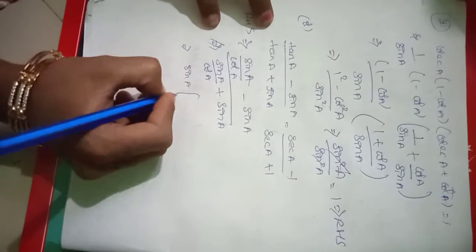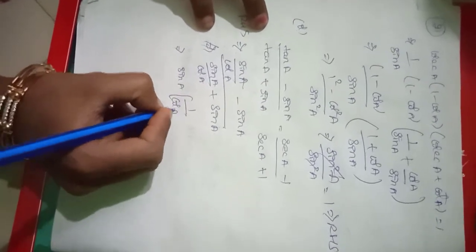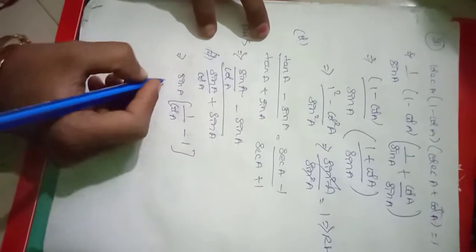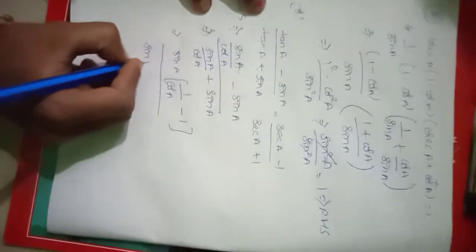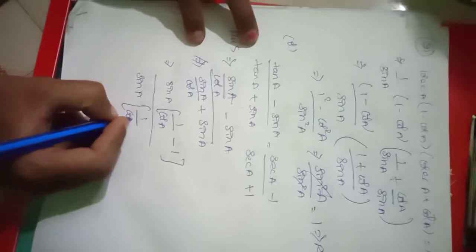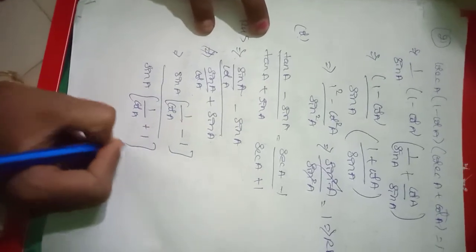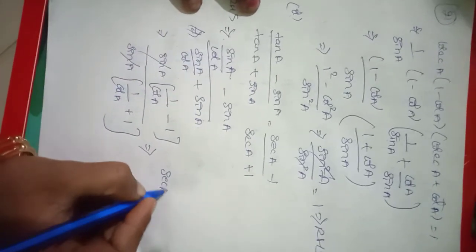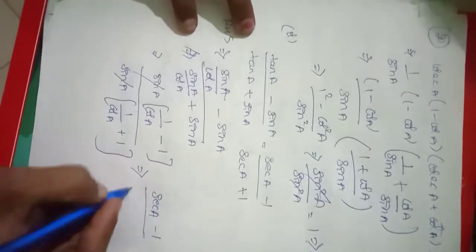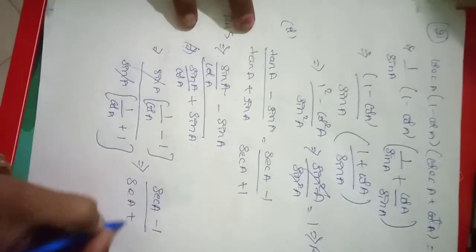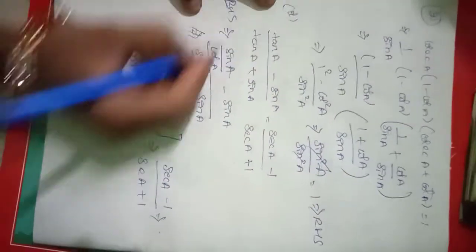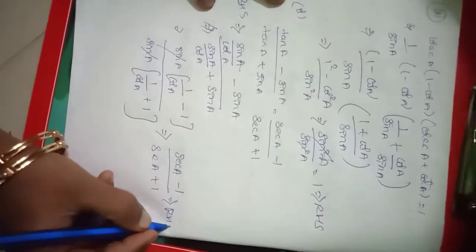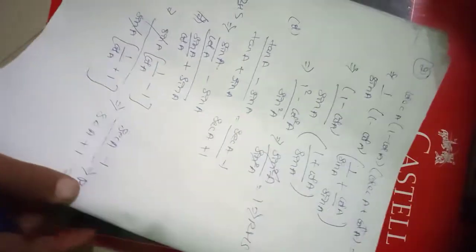Sin A into 1 by cos A minus 1, then divided by sin A into 1 by cos A plus 1. Sin and sin get cancelled. Secant A minus 1 divided by secant A plus 1. This is LHS equal to RHS. Left hand side is equal to right hand side.